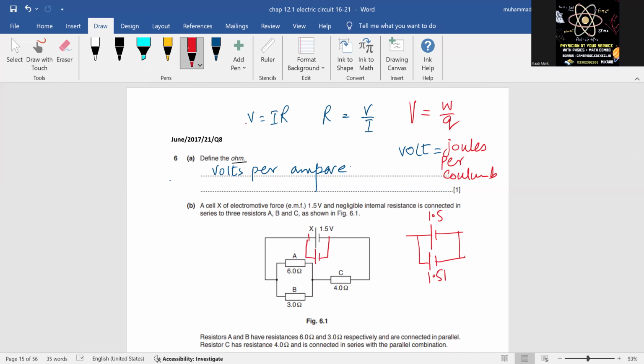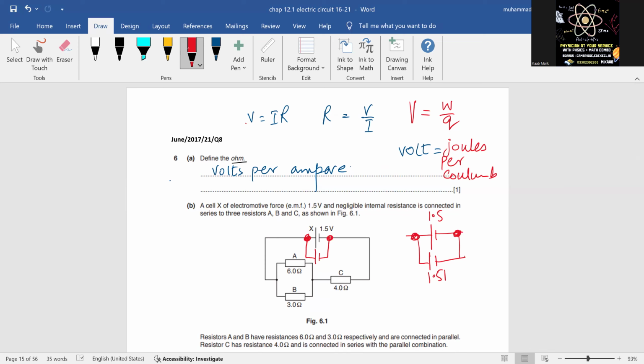Because Kirchhoff's law says any node, any junction should have the same voltage, right? These are the two junctions, and one battery contributes 1.5 volt at those two junctions, and the other contributes 1.51. So where is the 0.01 difference coming from? So this is not possible.